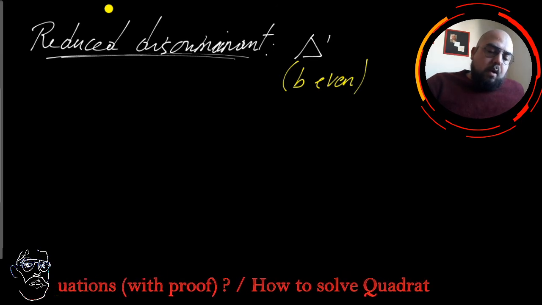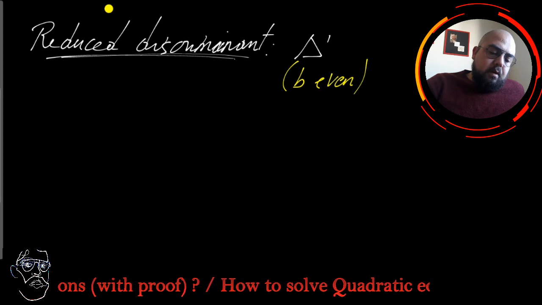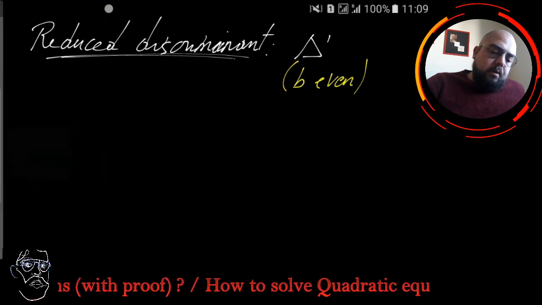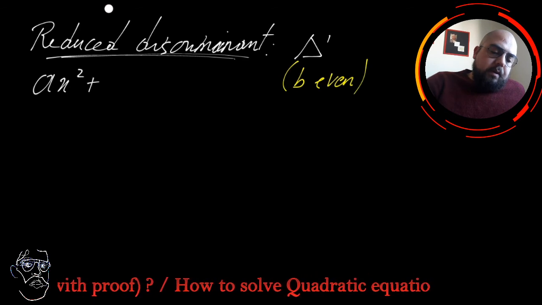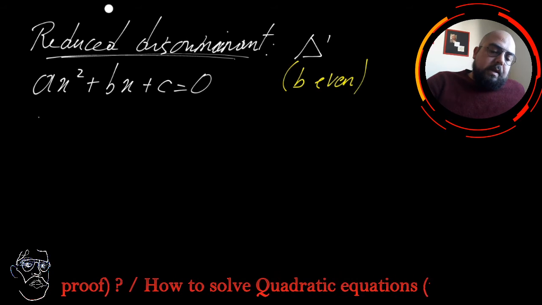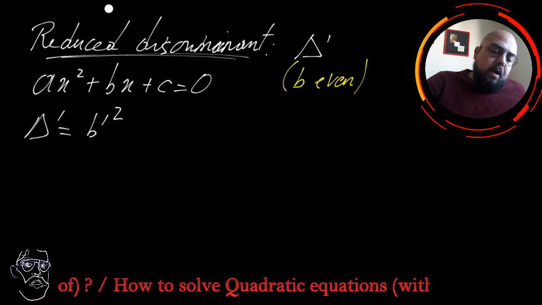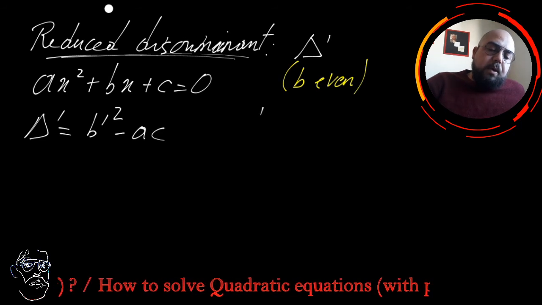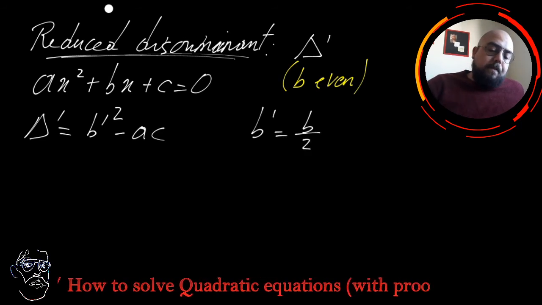So when b is even, you will have delta prime, so ax squared plus bx plus c is equal to 0. Delta prime will be equal to b prime squared minus ac. What about b prime? b prime will be equal to b over 2, since b is even.